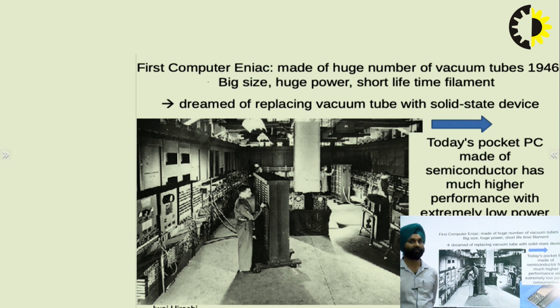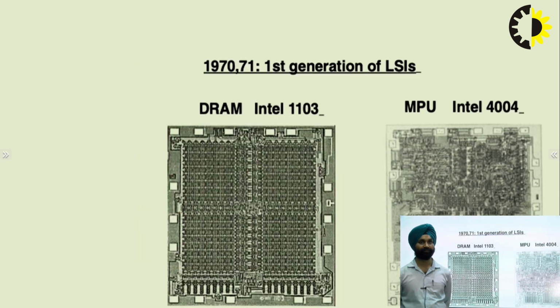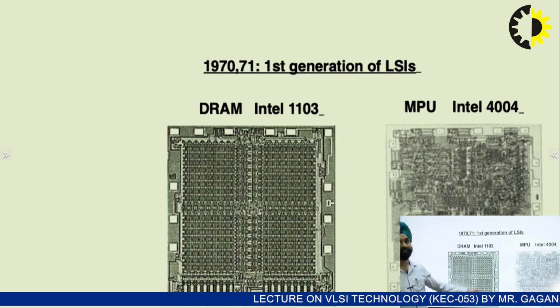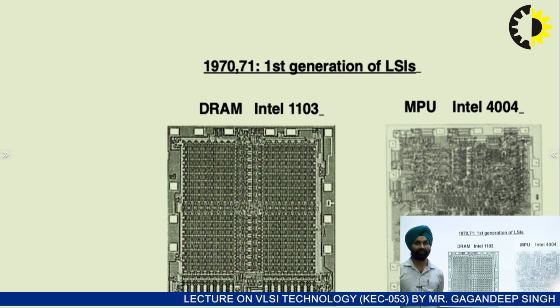So anything that was done by a large computer, today we can do with a much smaller structure. For example, this is an IC from 1970, a DRAM, dynamic RAM, made by Intel for the memory unit.